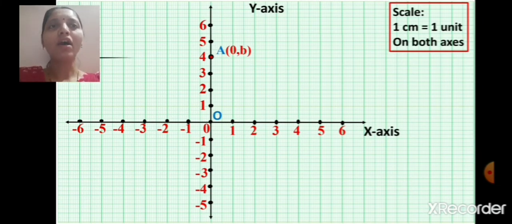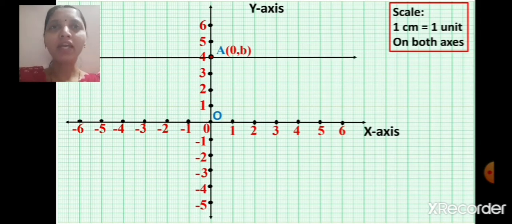If I draw a line passing through point A, which has coordinates (0, b), then I will get a line parallel to the x-axis. If the value of b is greater than 0, the line will be above the x-axis, and if the value of b is less than 0, the line will be below the x-axis. The equation of such a line is y equals b.